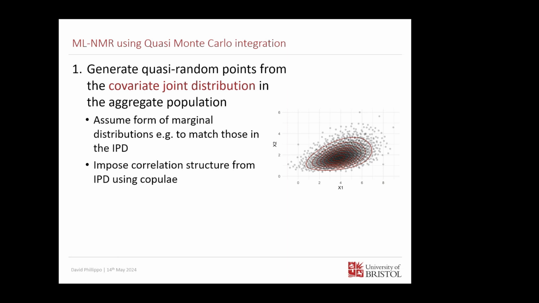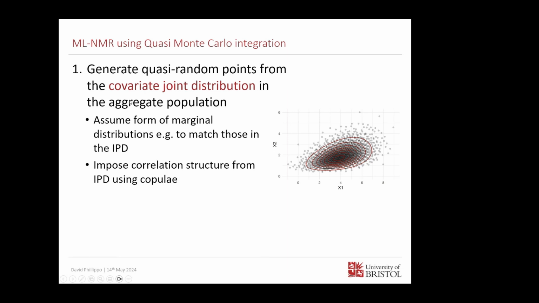Now, we don't have these full joint distributions available because if you've got your trial publication in front of you, you look at table 1, you've got, say, the mean age and the standard deviation of age and the proportion of people who have a certain biomarker and other characteristics, but you don't know the full joint distribution and you don't even know the forms of these marginal distributions.